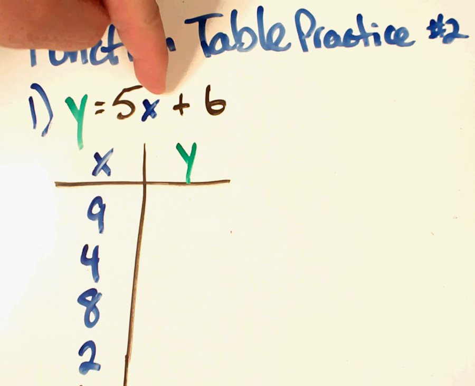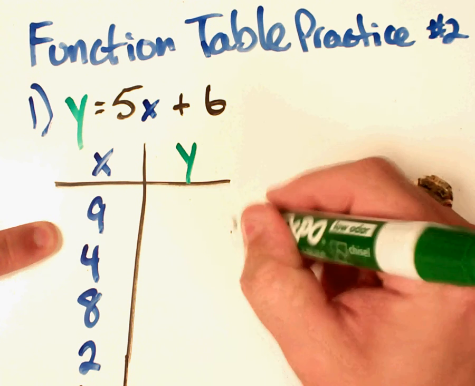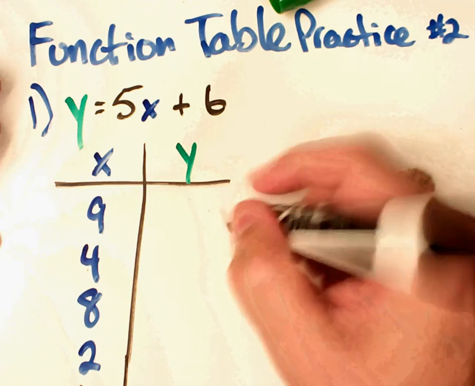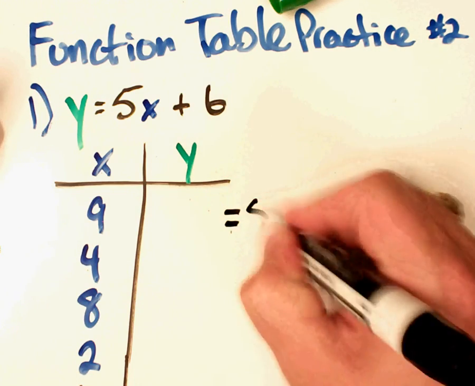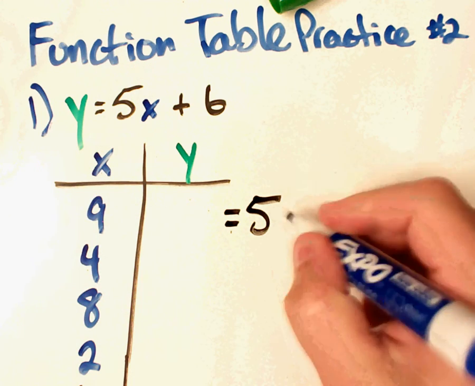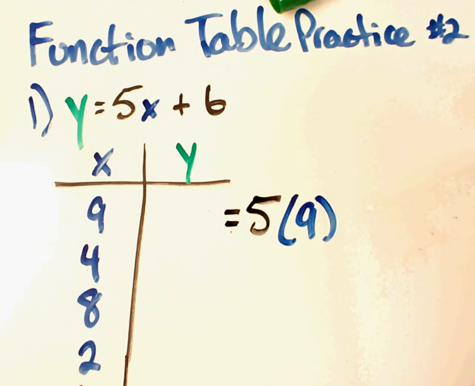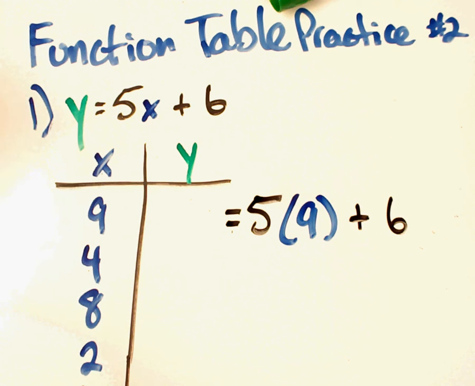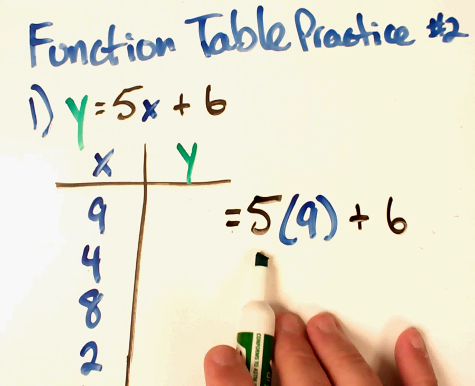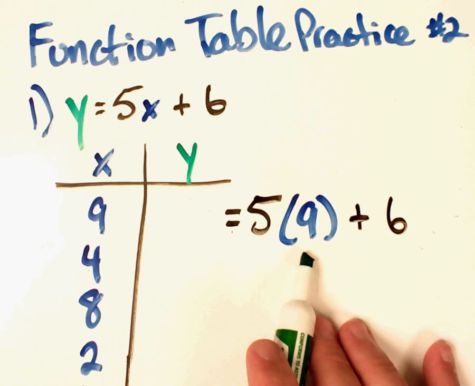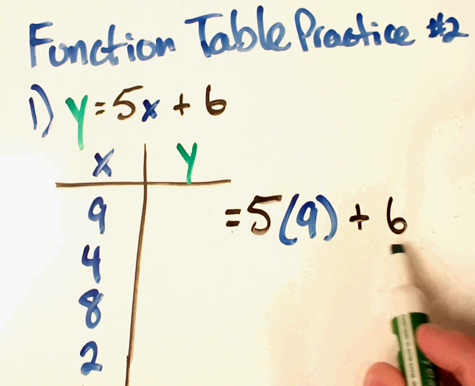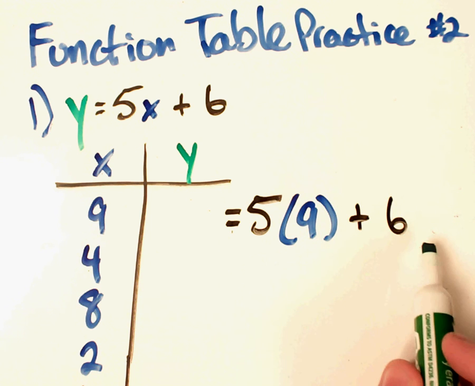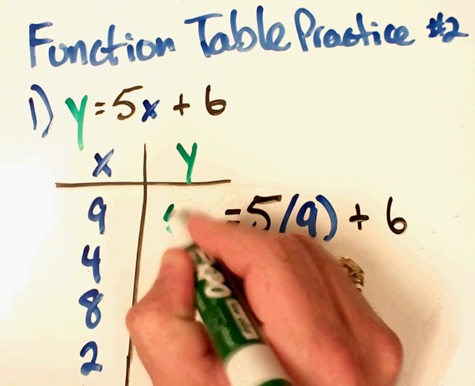All right, so for this first one, y is going to equal 5 times 9 plus 6. All right, so 5 times 9 gives me 45, plus 6, which gives me 51.